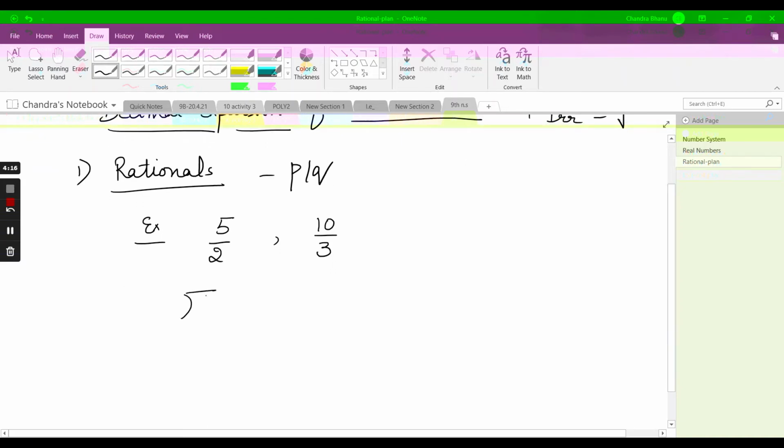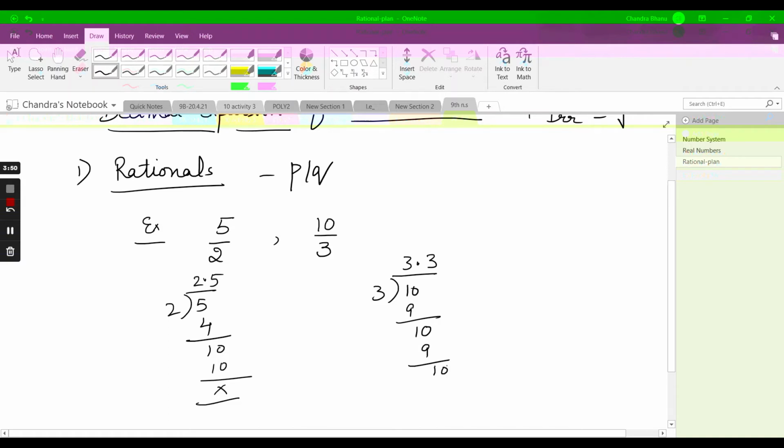So let me divide 5 by 2. What's going to happen? I'm going to get a remainder as 0. But if I divide 10 by 3, what is happening? I'm again and again getting remainder as 1.